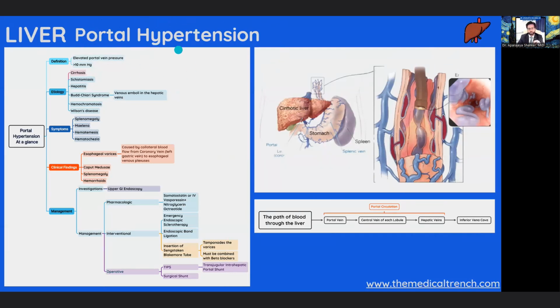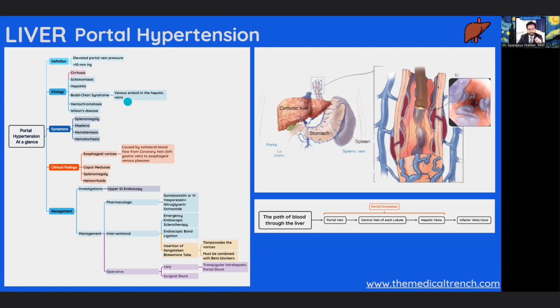Portal hypertension is when there is an elevated portal vein pressure. When the pressure goes above 10 mmHg, that is when you call this portal hypertension. Portal hypertension can be caused by a lot of different things. The most important are cirrhosis and schistosomiasis. Hepatitis, for example, also causes portal hypertension, but this is at a very late stage.